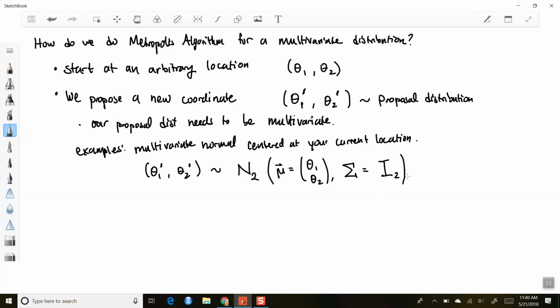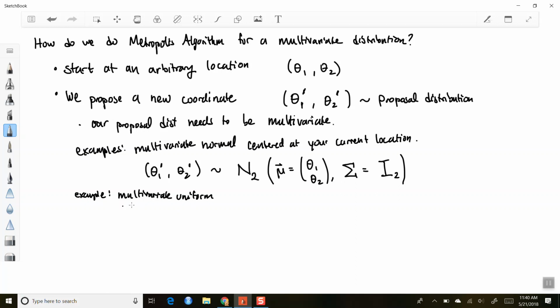What else could be? So I think in your homeworks you had the normal proposal distribution. What other kind of proposal distribution do you have? A uniform one, right? So what would a uniform look like in the multivariate case? We would have a multivariate uniform.